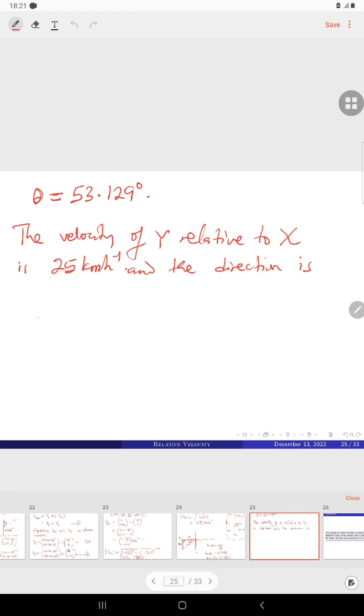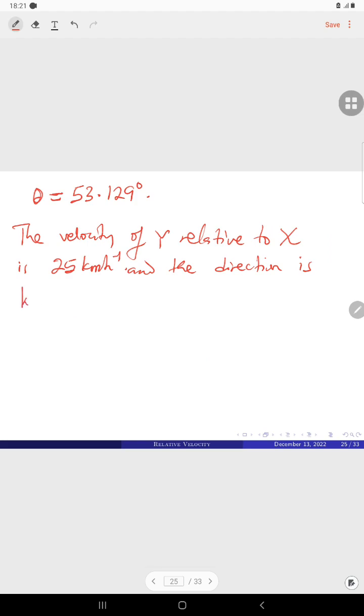What is theta? West 53.129 degrees south. That's all. Or somebody can state it this way. Any way is acceptable, 100% correct.